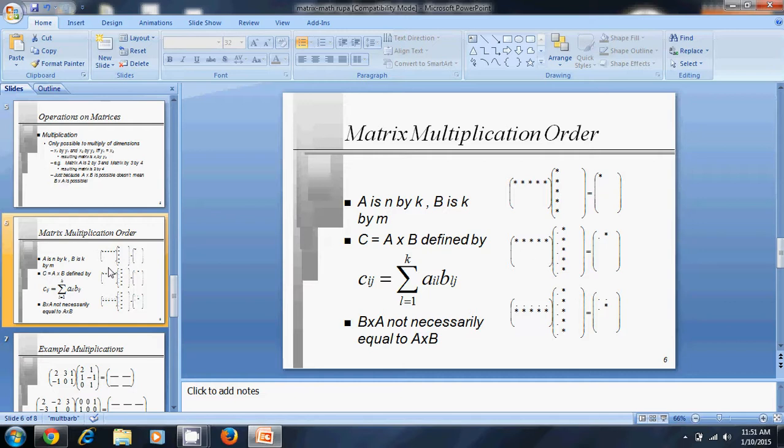And obviously, as multiplication does not follow the commutative law, B asterisk A is not equal to A asterisk B.